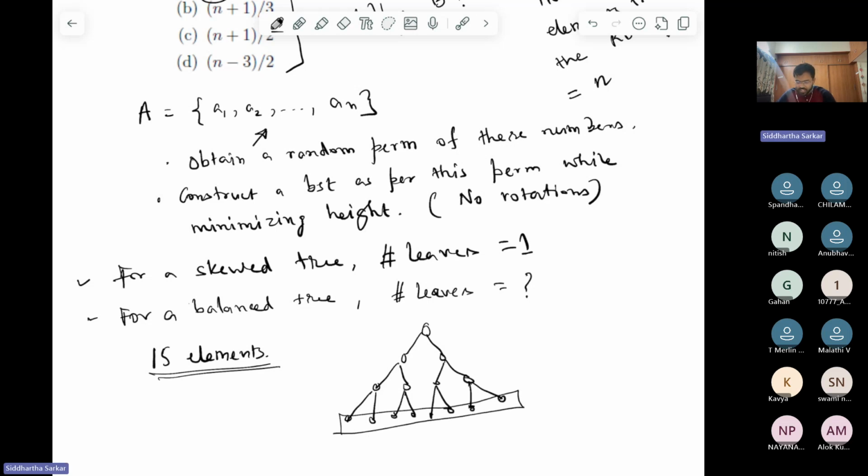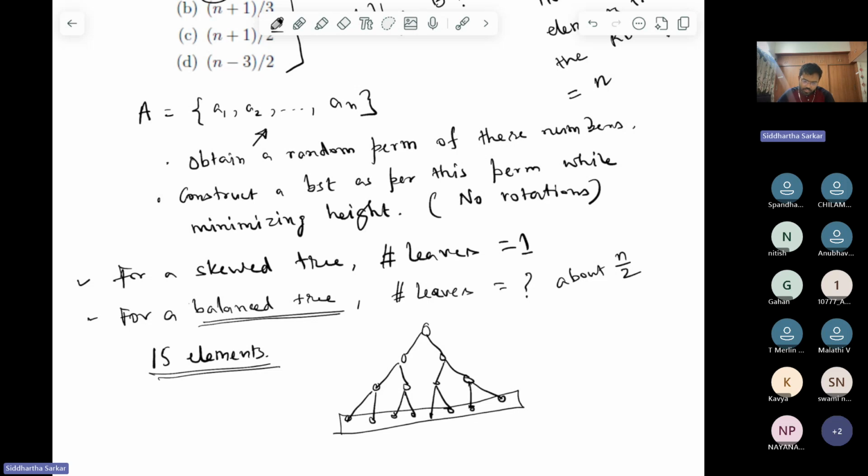In a balanced tree, if you assume that there are 2 to the n minus 1 elements, you will find about n by 2 leaves. Balanced means minimum height.